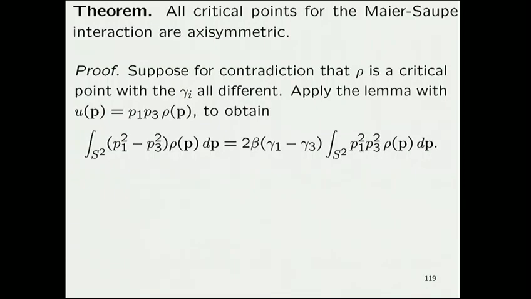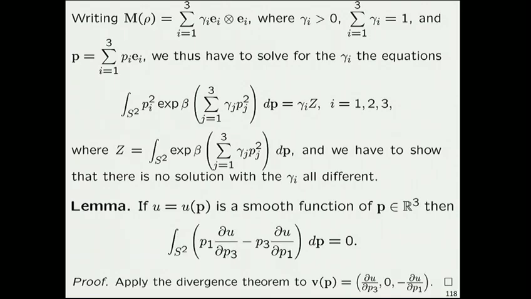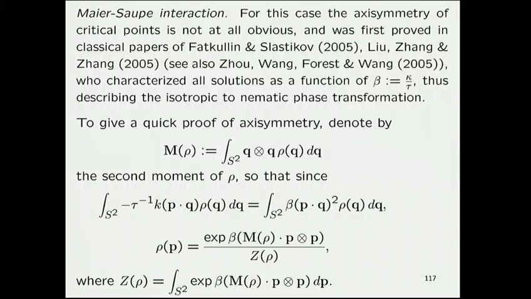Hang on a second. Let's see what we're trying to get: P times rho. Okay, that's right. I'm calculating the derivatives of rho. I have to calculate d rho/dP3, but you see rho is given by the exponential.